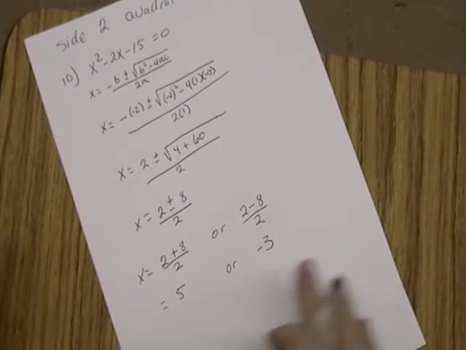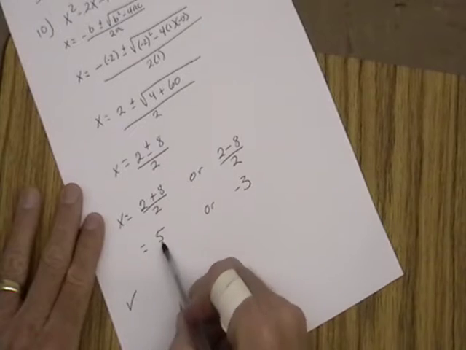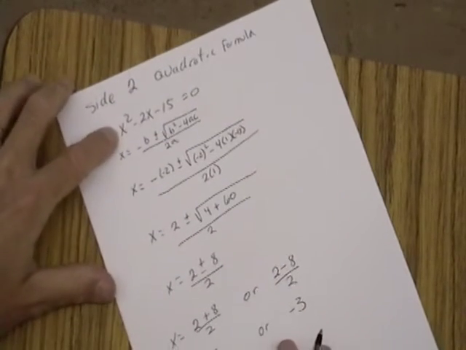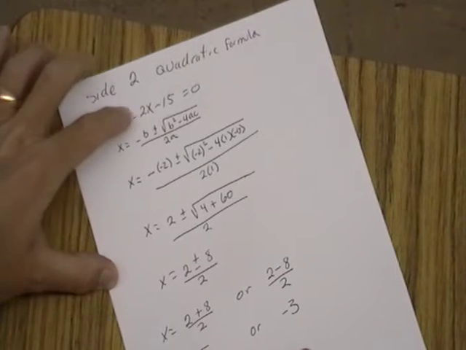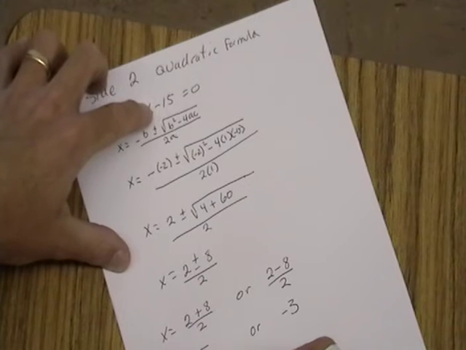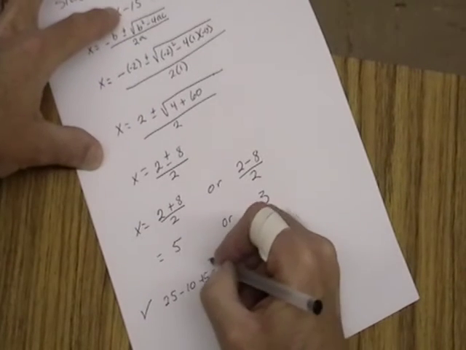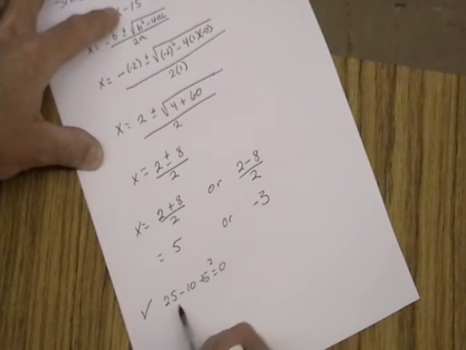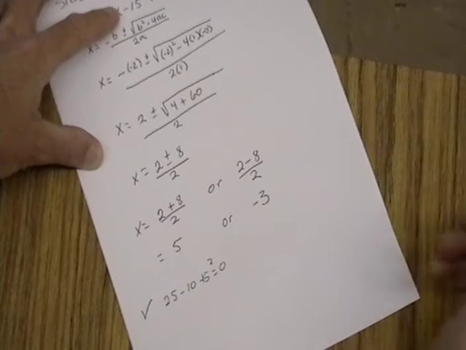So then, if you were to check these to make sure they're correct, the 5, if you put 5 into here, you're going to get 25 minus 2 times 5, which is 10, minus 15. So, does that equal 0? So 25 minus 10 is 15, and 15 minus 15 is 0. So that checks.